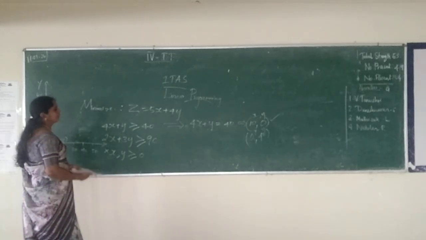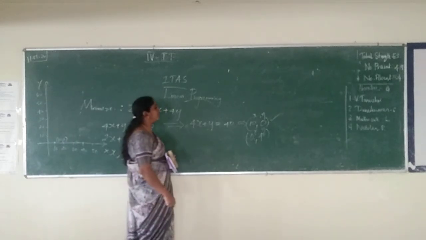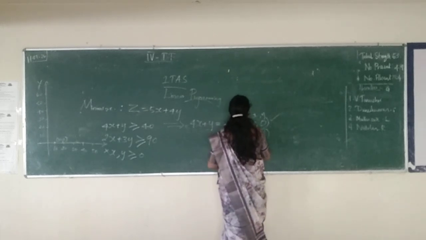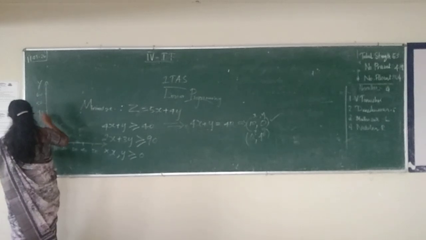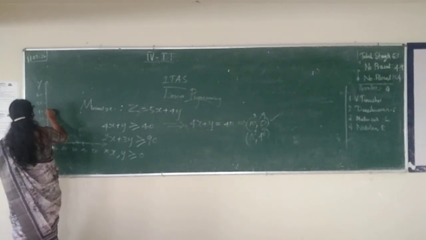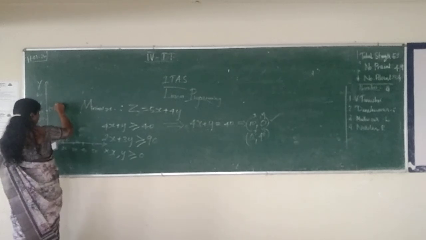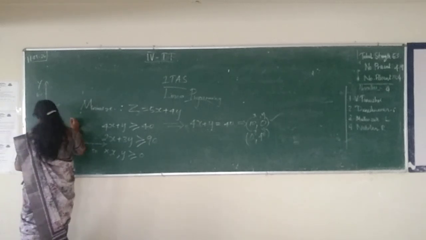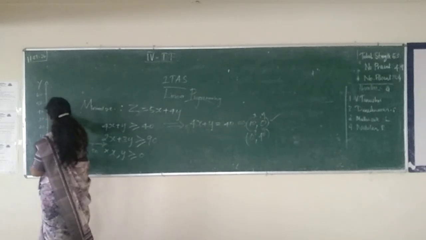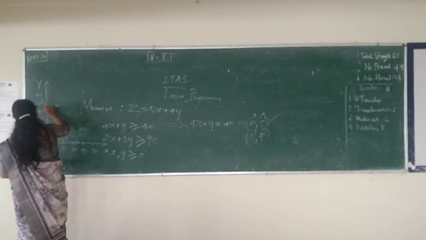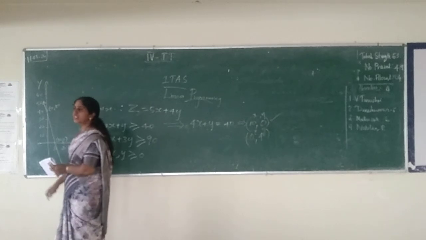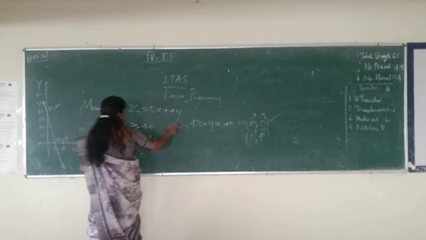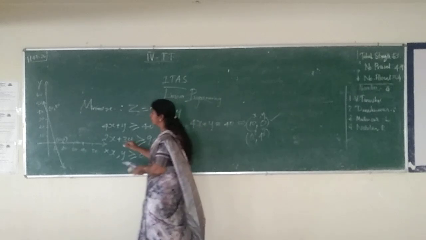Then the second point is x equal to 0, y equal to 40. Then connect these points. So this is the line for the equation 4x plus y equal to 40.